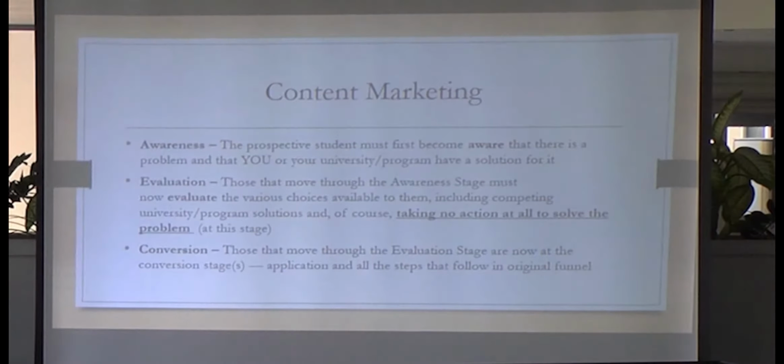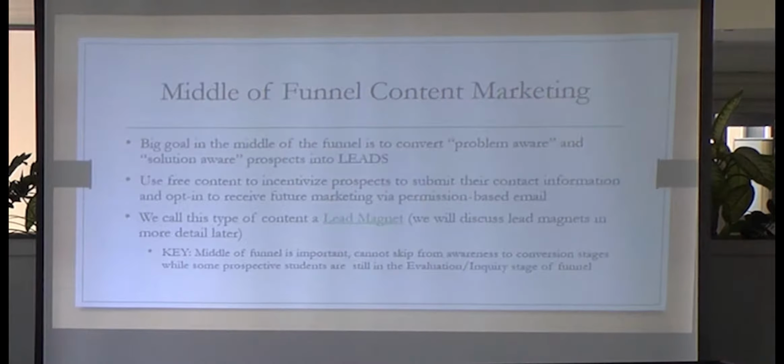So this just gives a little more detail about the different levels of the funnel. The awareness stage, where prospective students become aware of the problem and that a university can solve it. The evaluation stage, where they are considering and weighing different possibilities. And the conversion stage, where they apply and possibly move on into admission and becoming part of the student body.